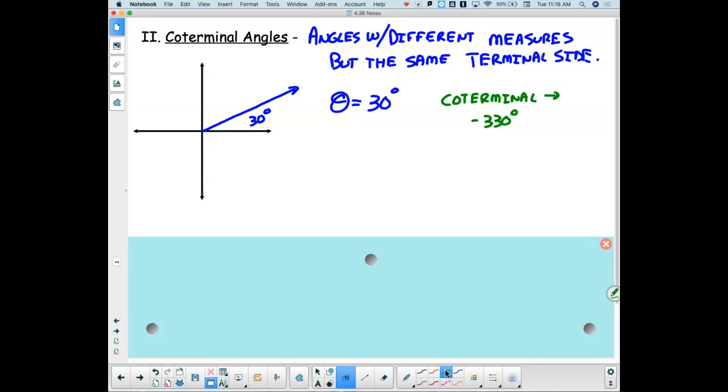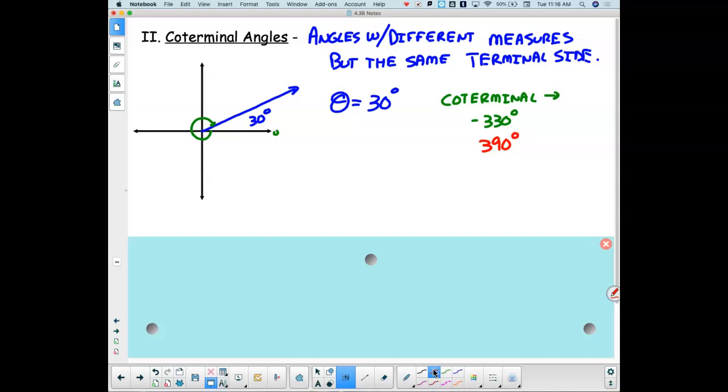Because if I start here at 0 and I go backwards around, that's negative 330 degrees. What about 390? Let me put it in a different color. 390 degrees.